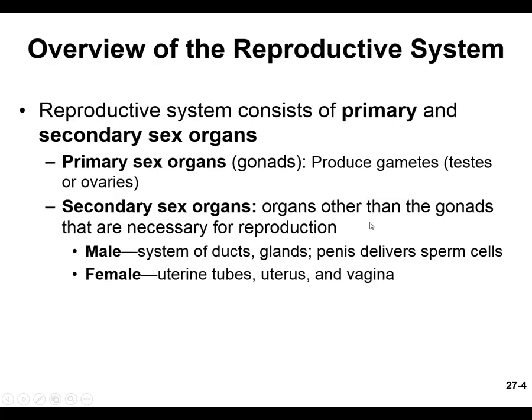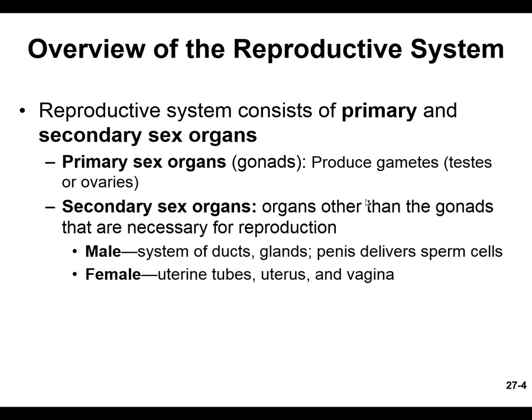Okay, so when we're looking at males and females, we have what's called our primary sex organs. These are going to be your gonads, so the testes or the ovaries. And then the secondary sex organs are also necessary for reproduction, but they don't produce the gametes. But they help.